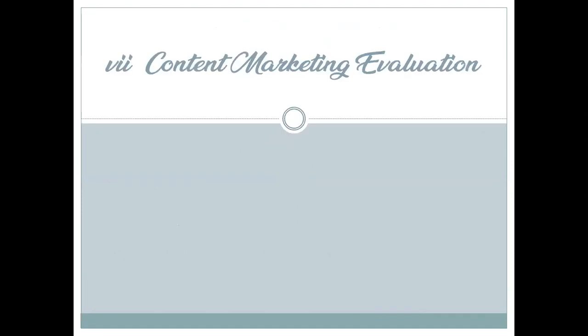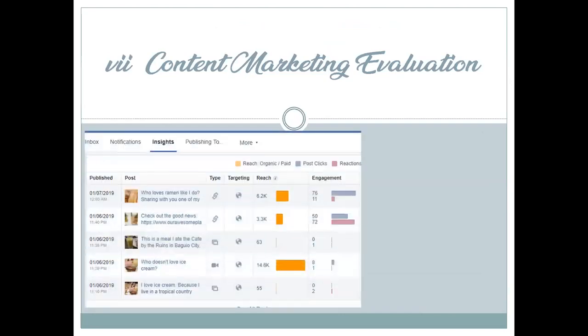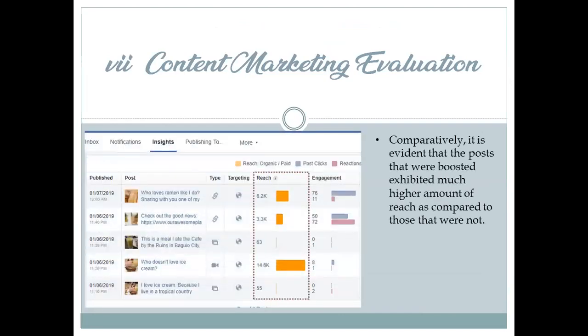So, content marketing evaluation: how do we go about it in terms of the results of the campaign? It is highly evident that the posts which are boosted exhibited a much higher amount of reach compared to those that were not.